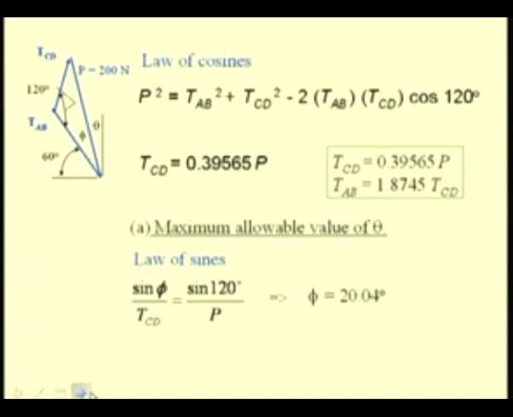So, we have this phi as 20.04 and theta as 9.96 degrees.